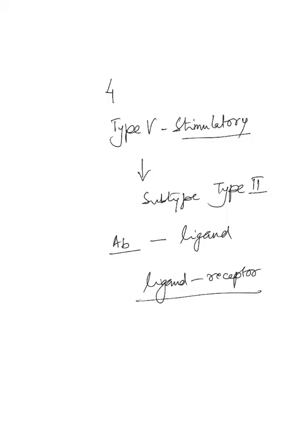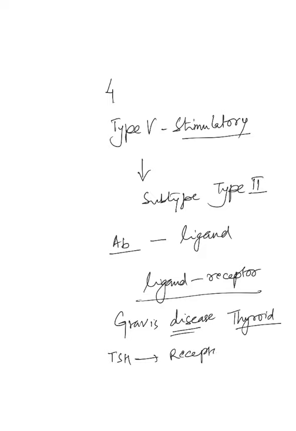For example, in the case of Graves' disease, which is a disease of the thyroid. Normally, thyroid stimulating hormone goes and binds with its receptor on the thyroid, and hence causes release of the thyroid hormones.